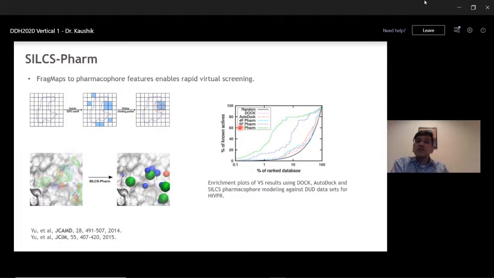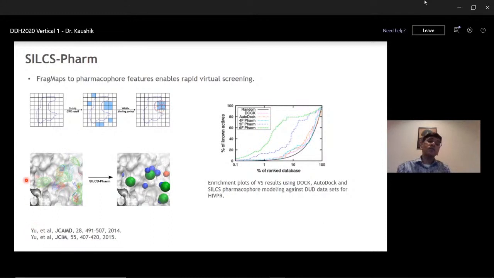And as you can see, the more pharmacophoric features that you consider from this approach, of course, the better the accuracy. And you can see that quickly, the pharmacophoric approach seems to be doing a good job in picking out actives or separating actives from the decoys within a given data set for a given binding pocket compared to DOCK and AutoDock and so on. So this was very promising.